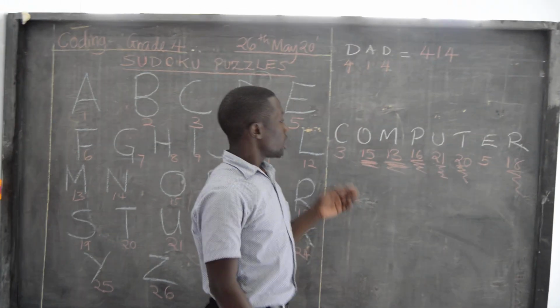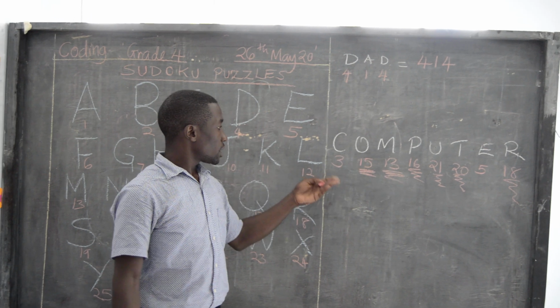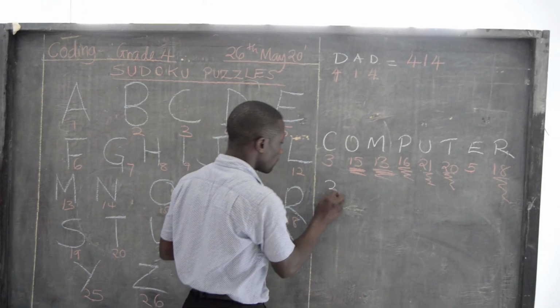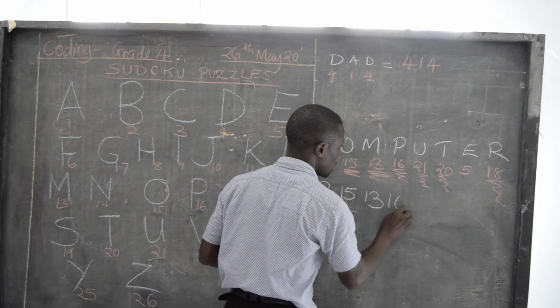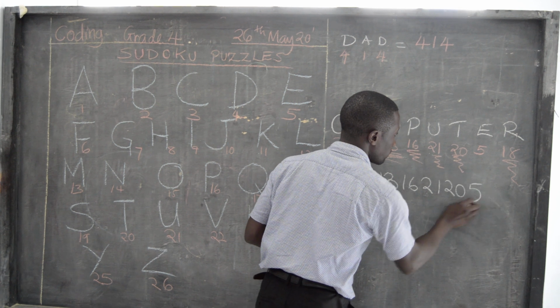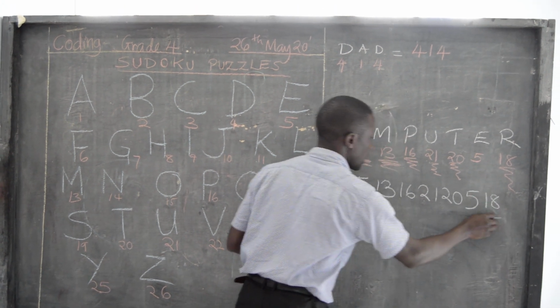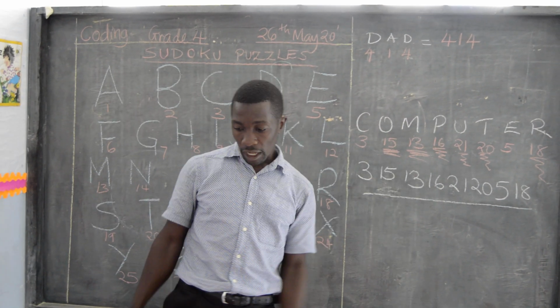So I can call this name computer as 3, 15, 13, 16, 21, 20, 5, 18. And that's my code for the name computer.